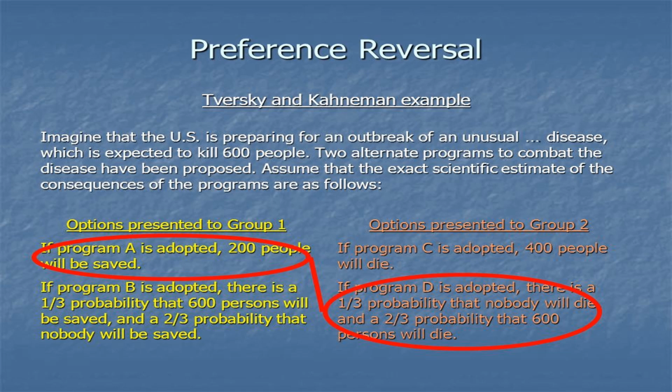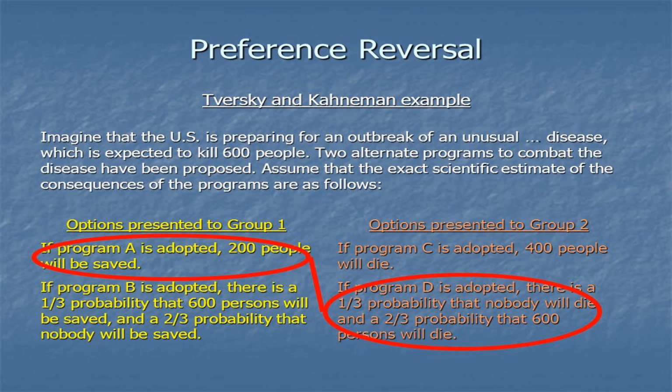So program B is about the same, isn't it? It looks like there's a sort of 1/3 and a 2/3 chance. So a 1/3 probability of 600 persons being saved is a total probability of 200 persons being saved. Now in the options presented to group 2, if program C is adopted, 400 people will die.